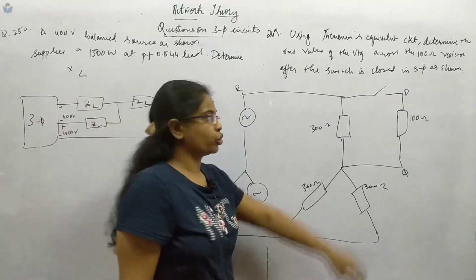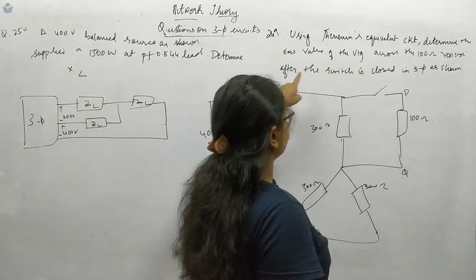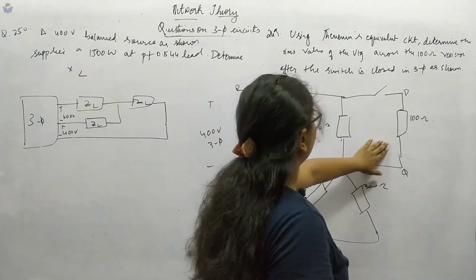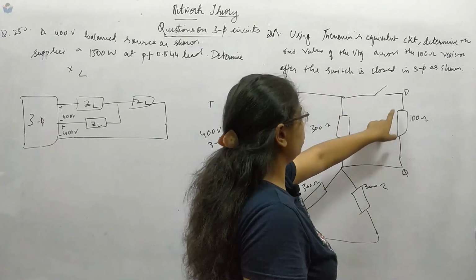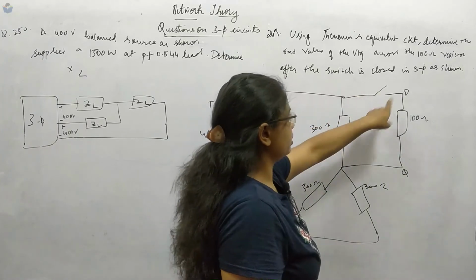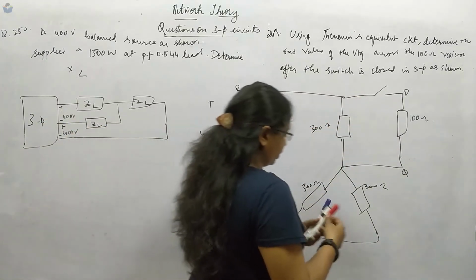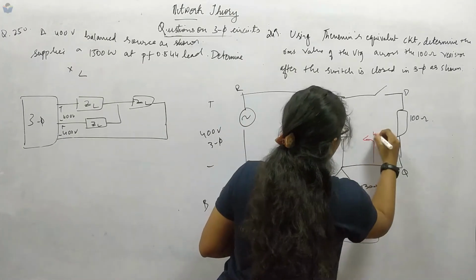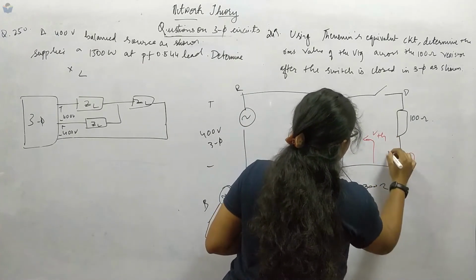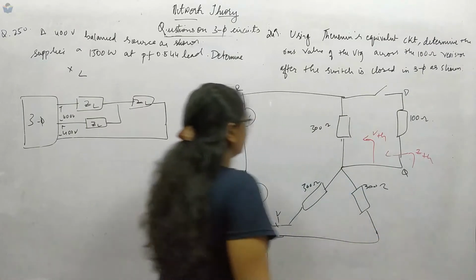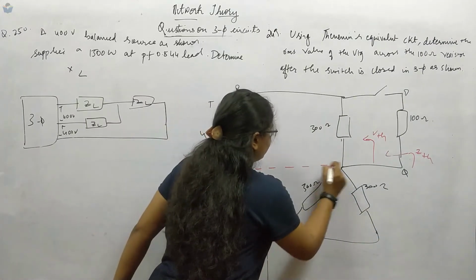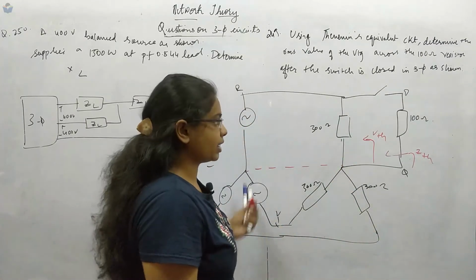Okay, so coming to question number 249: using Thevenin's equivalent circuit, determine the RMS voltage across the 100 ohm resistor after the switch is closed in the 3-phase circuit shown. So we have to find the VThevenin and ZTH. Now if you see here, this is an RYB connection, star connected.